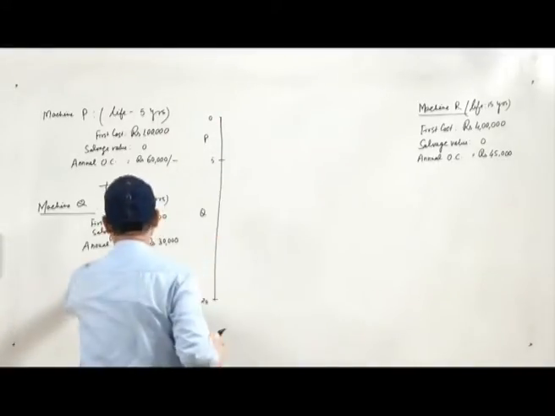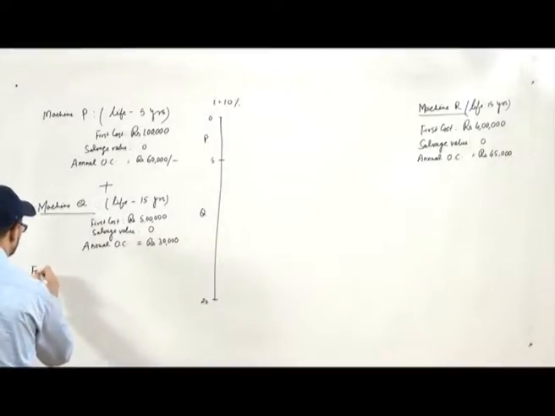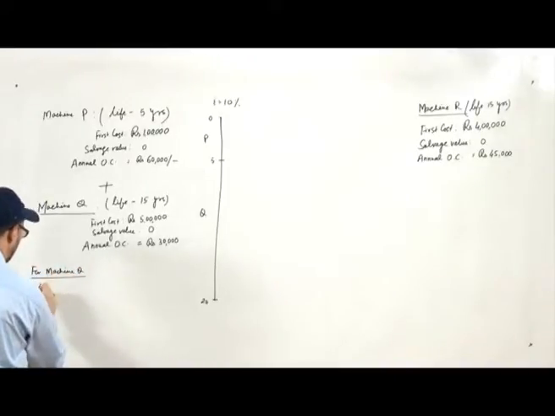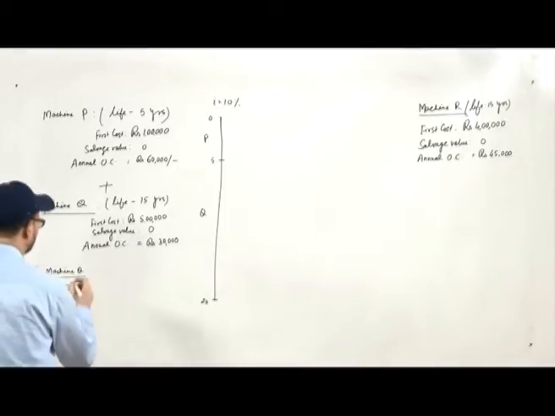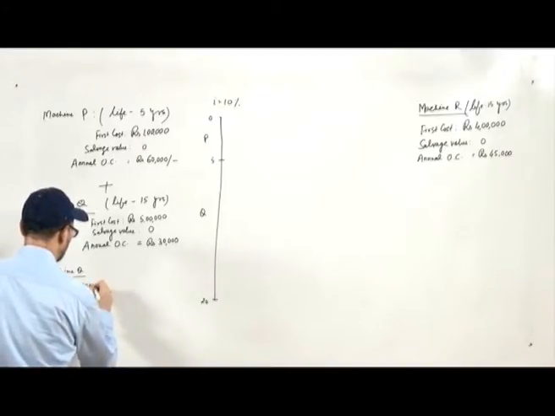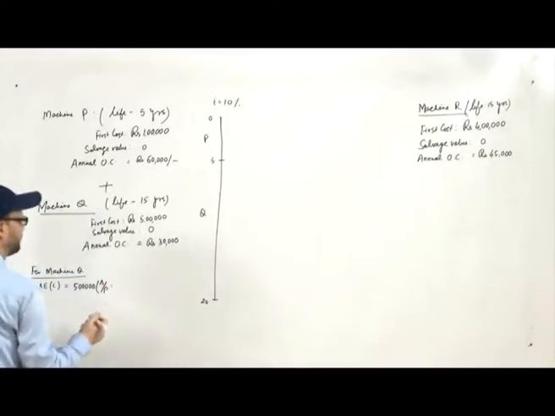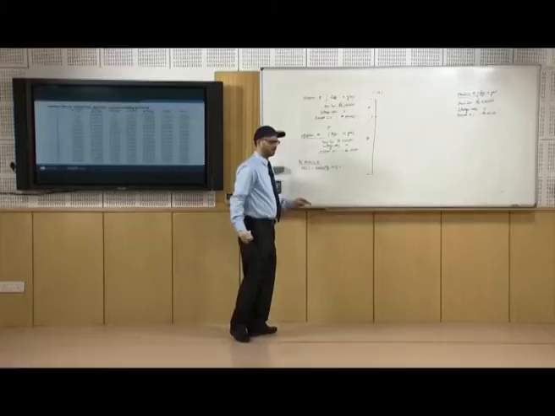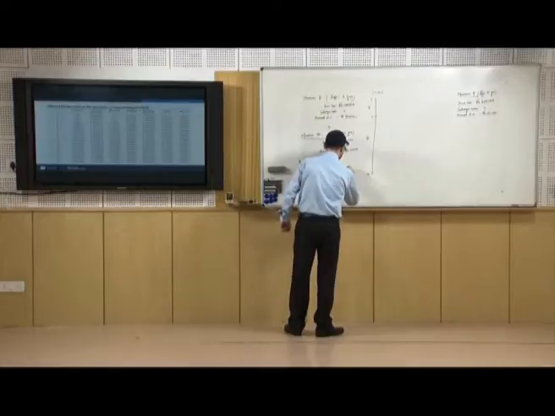So, the annual equivalent for machine Q will be 5 lakh multiplied by (A/P, i, 15), plus it has two components, one is capital recovery with return, plus the annual operating cost, which is given as 30,000.